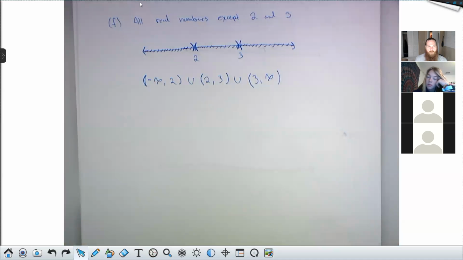So this set, in words, all real numbers except for 2 and 3, is this set in interval notation. Figuring out how to write the set of all real numbers except for a couple particular ones is going to be really important later when we talk about domains of rational functions, because that's exactly how those things look. So this is a great example.